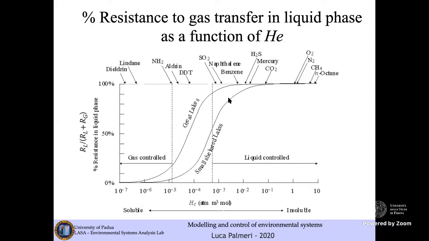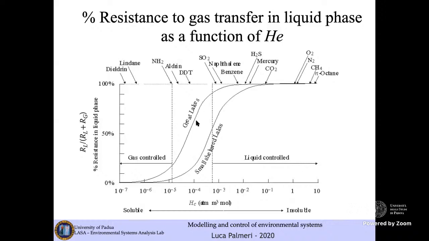What does this mean? Great Lakes are lakes that are subject to wind, fetch, waves, and so on, surface processes of radiation, while small sheltered lakes are small lakes in which the wind does not have a large surface to blow on, and to make stronger the interaction between the atmosphere and the liquid. And another aspect is that of the surface of the interface.